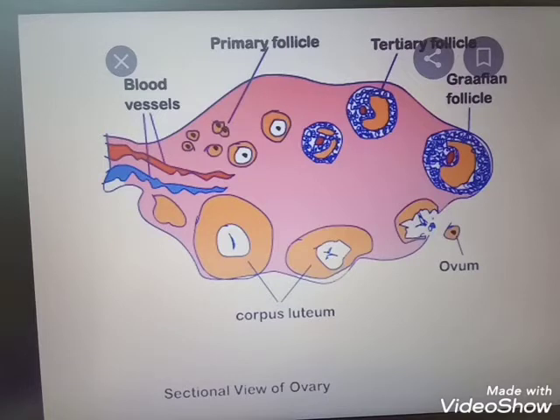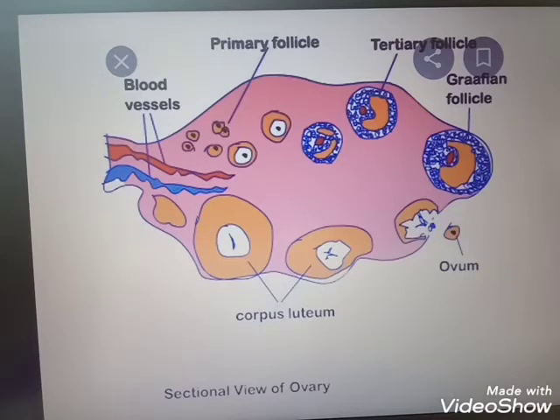The primary oocyte within the tertiary follicle grows in size and completes the first meiotic division. It is an unequal division. The secondary oocyte retains the bulk of the nutrient-rich cytoplasm of the primary oocyte.